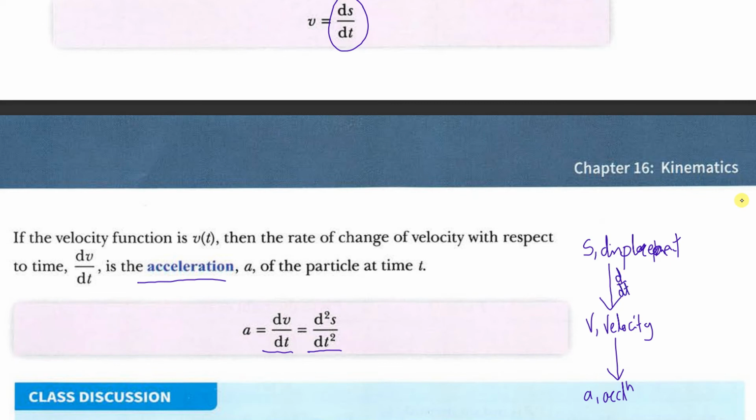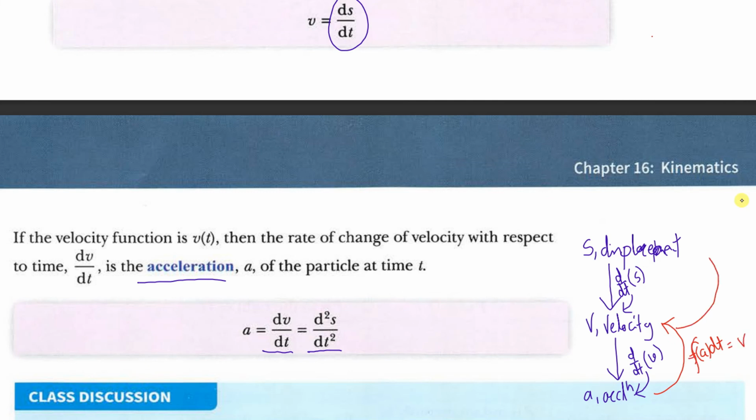d by dt of s gives us the velocity, and if we differentiate d by dt of velocity, we get the acceleration. Hope it is clear. But if we want to go in the reverse direction, from acceleration to velocity, we need to integrate the acceleration with respect to t, and then we get the velocity.